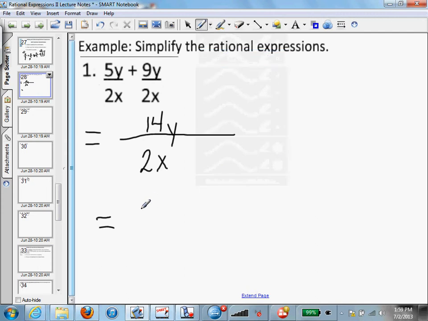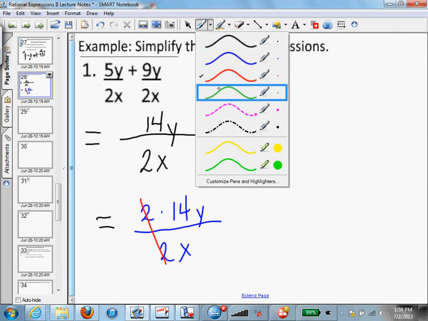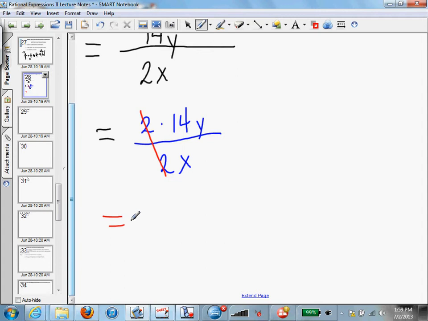So for this purpose you can think of 14 as the product of 2 times 7, and then have your y over 2 times x. Which you can say those two 2's cancel out, leaving you with just 14y over x as the solution.